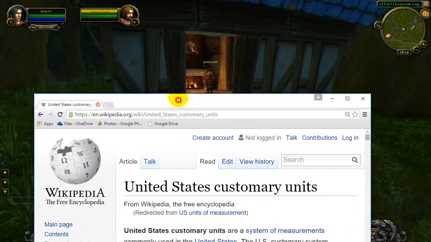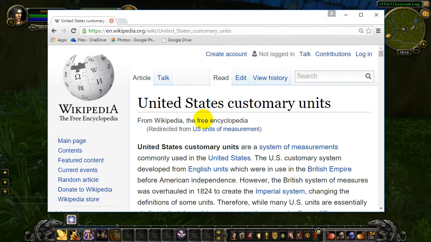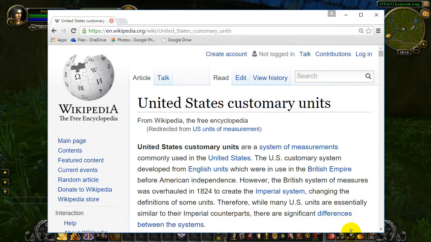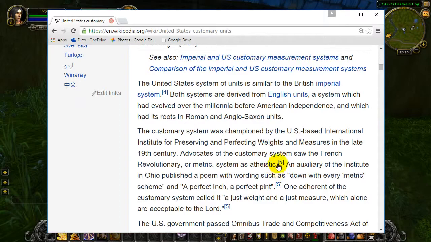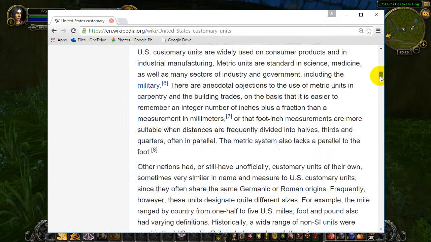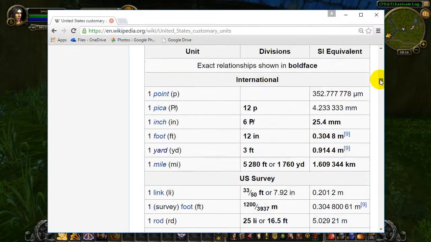In the US they follow the United States customary units, which was developed from the English units. The funny thing is in England they have changed to SI units already, but the United States are still following mostly the English system. So what is the English system?